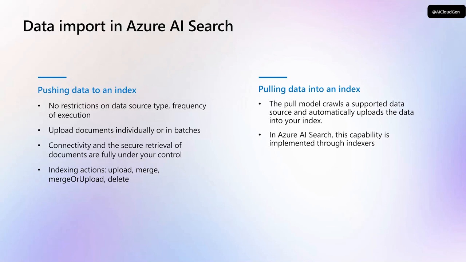You can upload documents either individually or in batches in Azure AI Search. And as I said, connectivity and the secure retrieval of documents are fully under your control, because you will be doing this within your Azure portal. And then create the index within Azure AI Search once the data is imported.